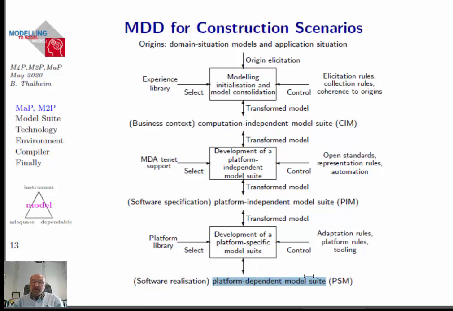In reality, however, we are using domain situation models and the application situation for expressing what is really necessary as the basis for the programs and for the models. That means we use a domain situation model, intentionally at least, and transform it to a computation-independent model suite.